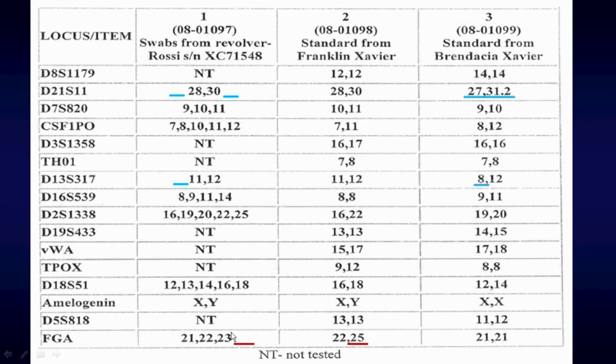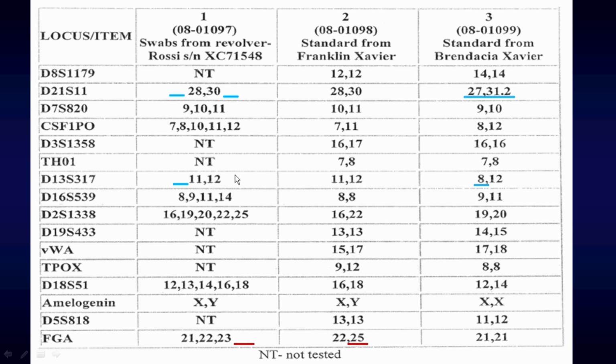What they did is they said, we can't exclude Franklin at any of these tested loci except this one. Remember before I said sometimes laboratories invoke their discretion to disregard information at a locus? They chose to disregard the information at this locus because they feel that they may not have gotten a complete look when it came to saying if Franklin was included or not.